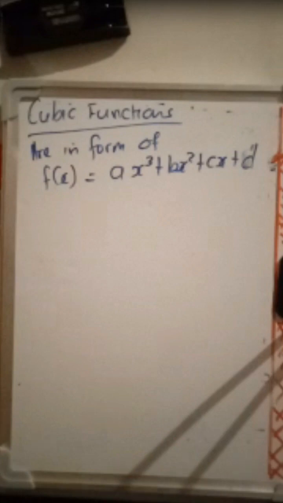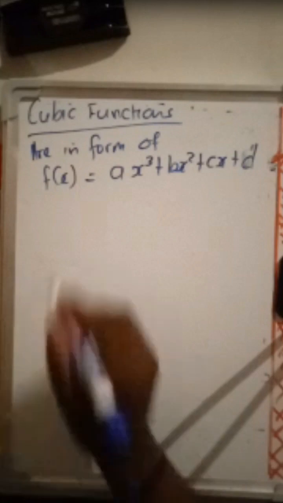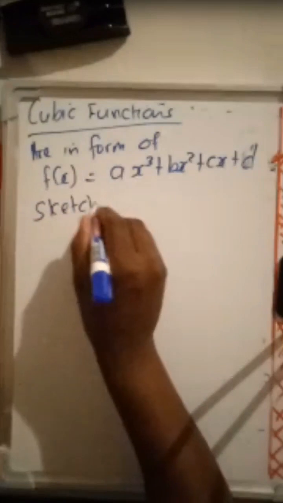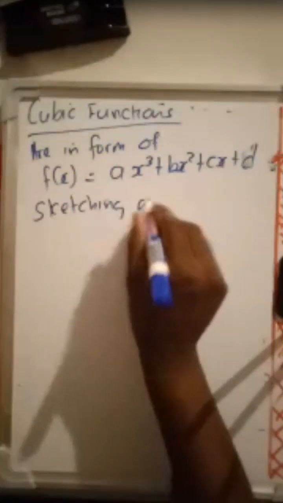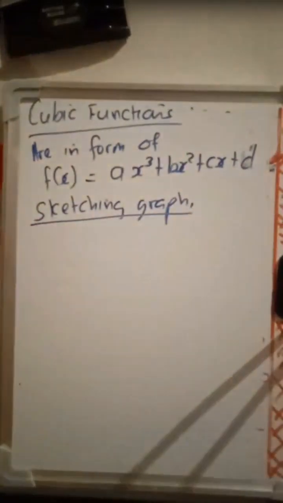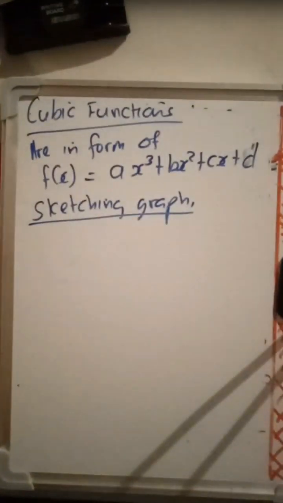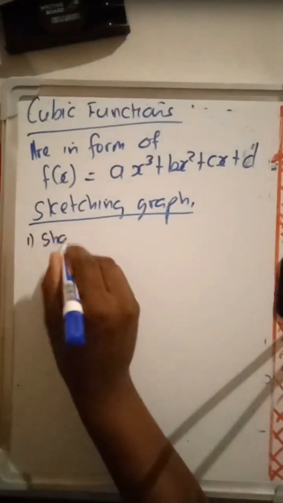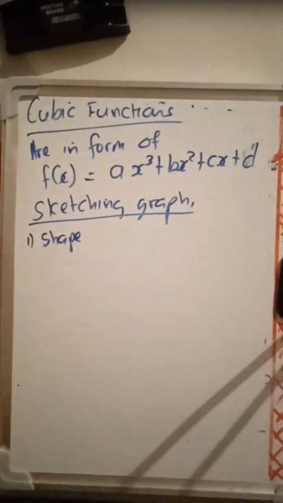Okay, so sketching the graph. The shape of the graph is determined by a. Shape number one, we are concerned about the shape.